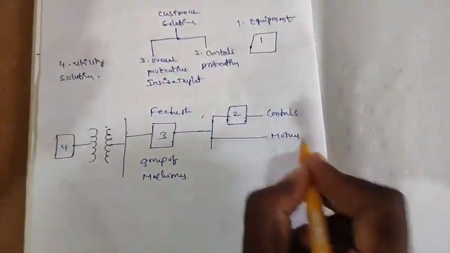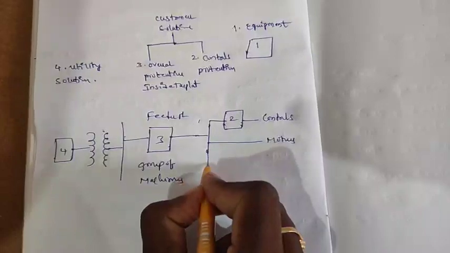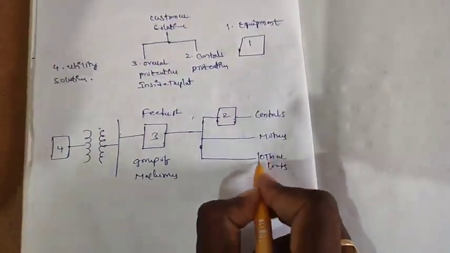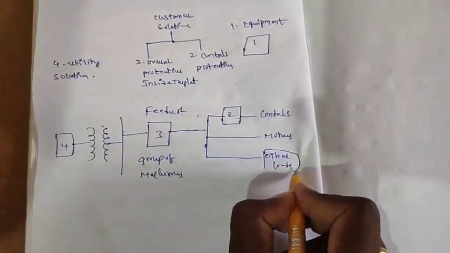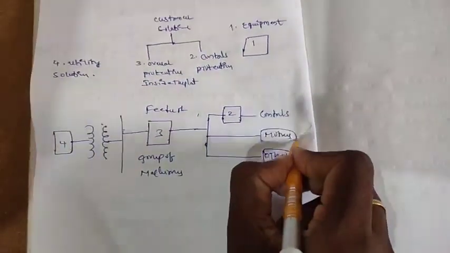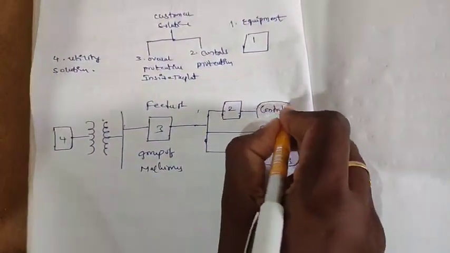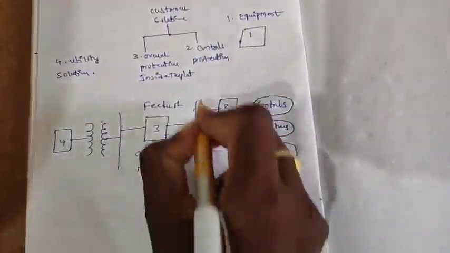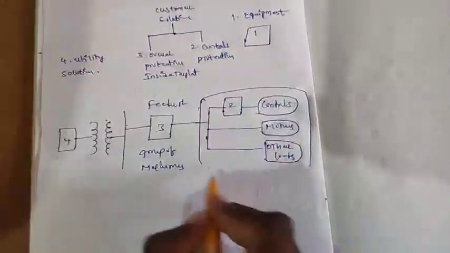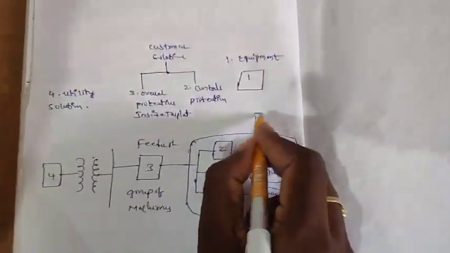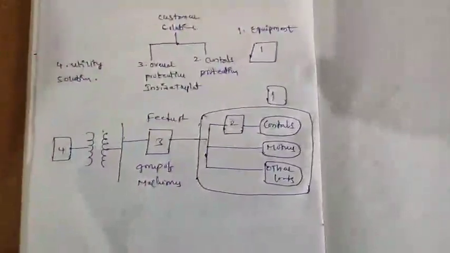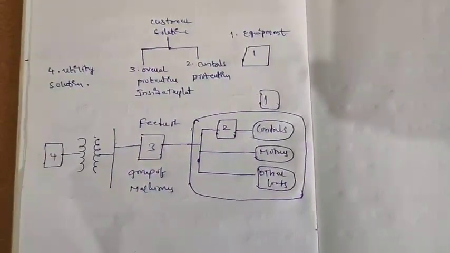This one is the motors, that one is other loads. This one is the equipment specification, you can clearly observe that.